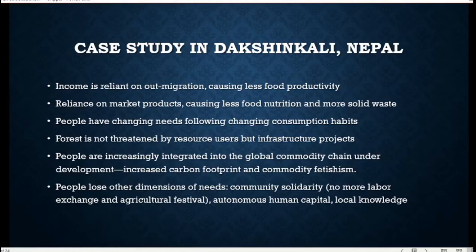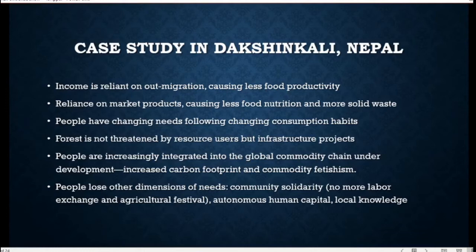So as people stop doing agricultural activities, they are not doing things like labor exchange anymore. In the past, they used to work together during the rice planting and harvesting season, or work together to make a small road in the forest for grazing purposes. But nowadays, those activities are gone, so there is no need for such labor exchange.